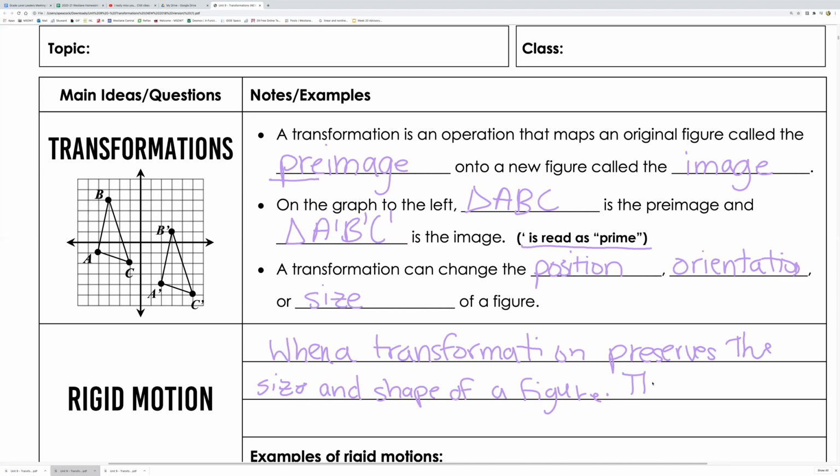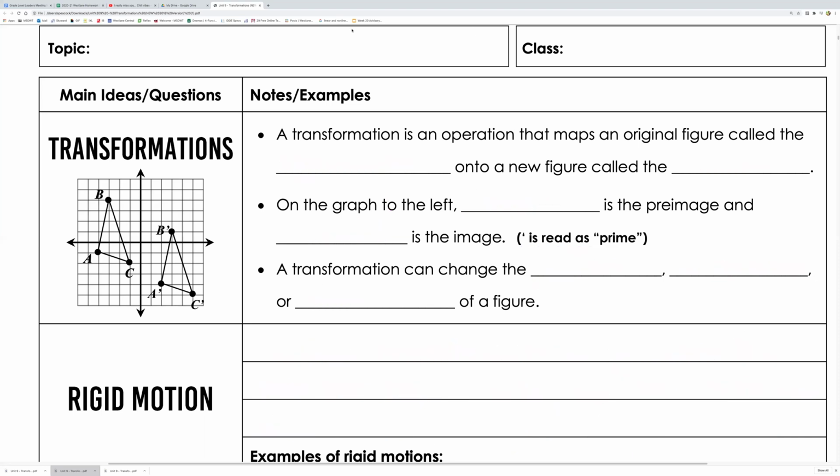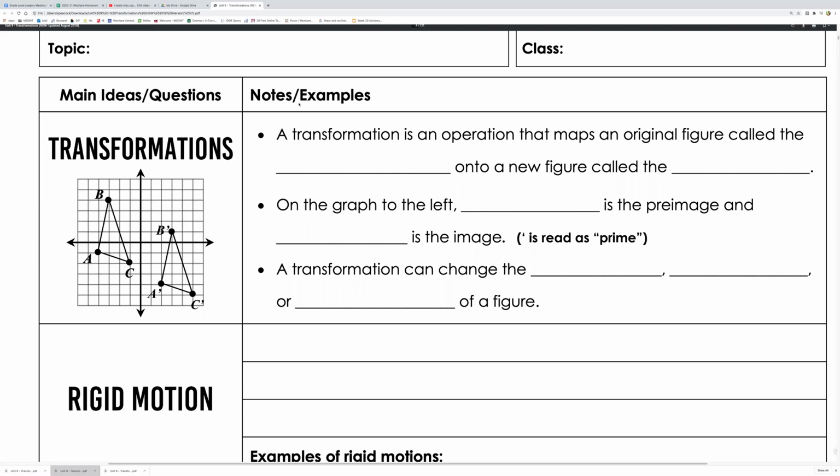So the angles and sides of the pre-image and image are congruent. Okay, pause this if you need to get that typed down.